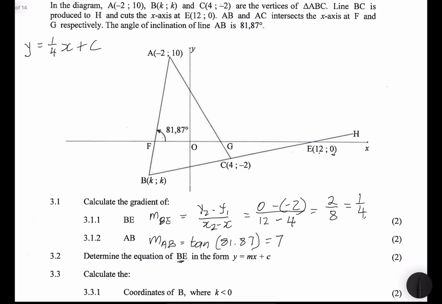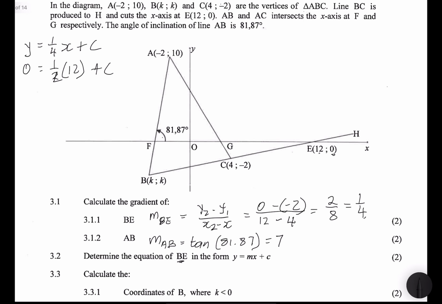Now let's substitute one of the points we know for line BE. We can substitute either C or E; let me just choose E. When y is 0, x is 12. Plus c, let's get that value for c.